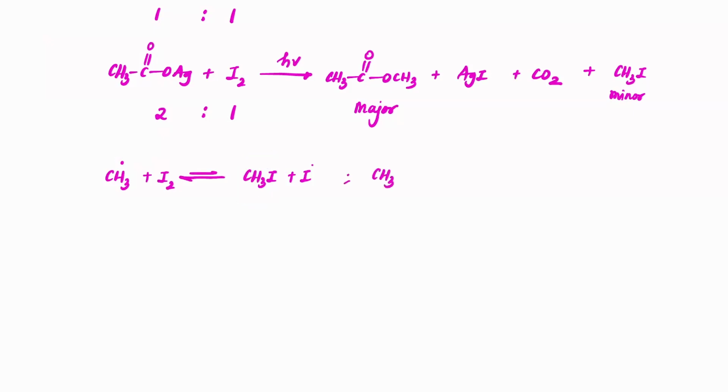This same CH3 dot will again terminate with the CH3C(=O)O dot which was forming as an intermediate earlier, and hence you will get this ester as major. So remember, especially with iodine, if you have 2 is to 1, definitely it will start forming an ester as a major product.